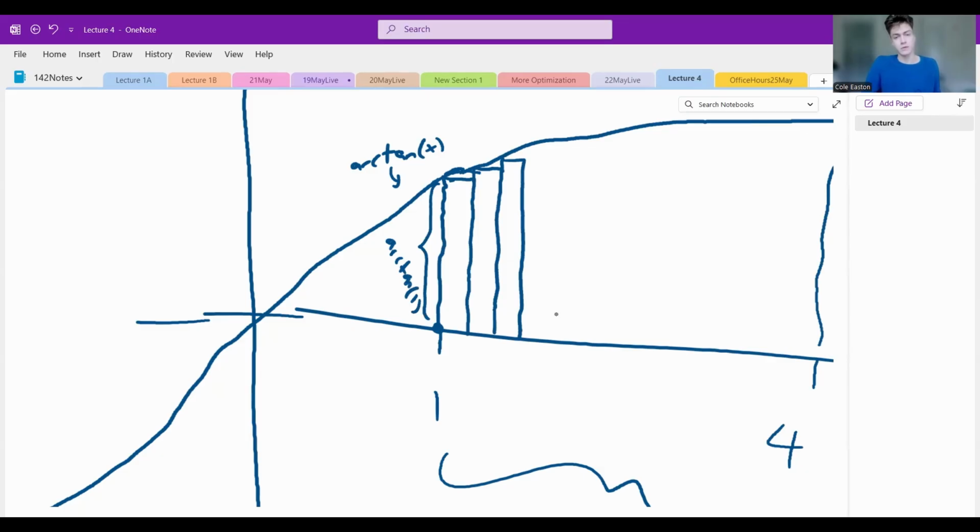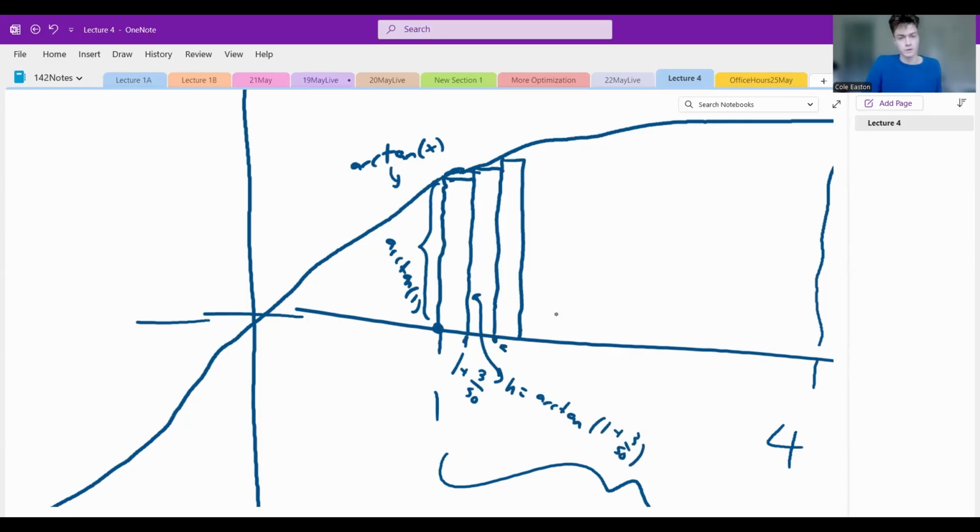Now, what about this second rectangle? How tall is that going to be? Well, what is this point right here? Well, that's 1. And how much did I move to the right? Well, we said that each rectangle is 3/50ths wide. So I added 3/50ths. And so the height of this is going to be arctan of 1 plus 3/50ths.